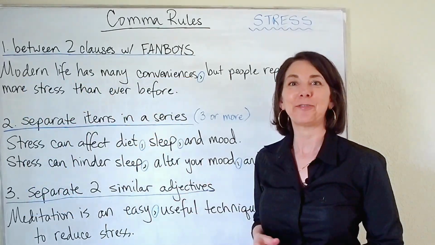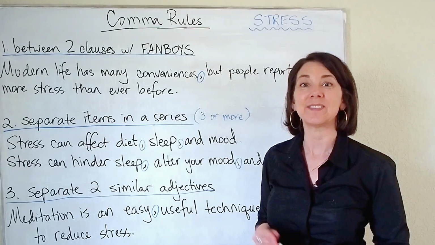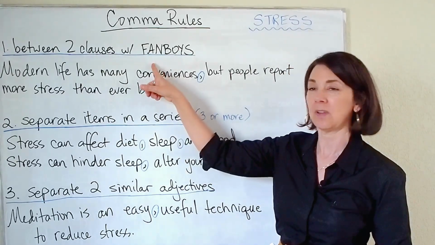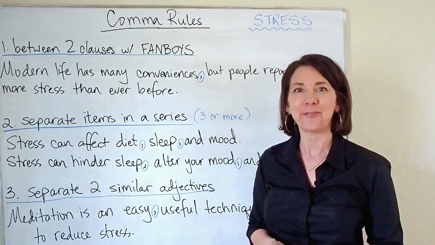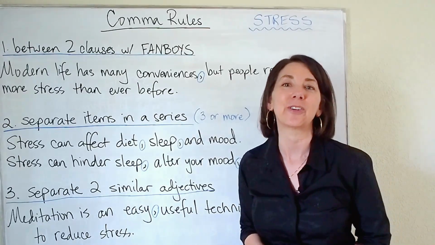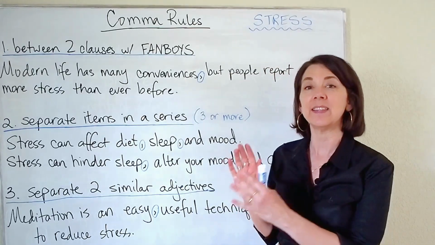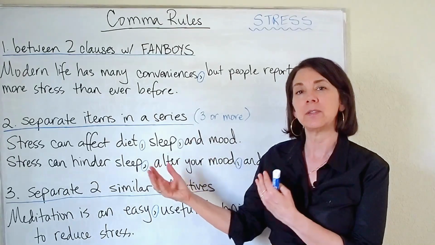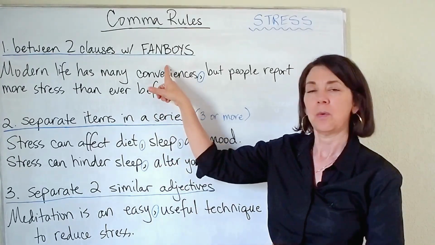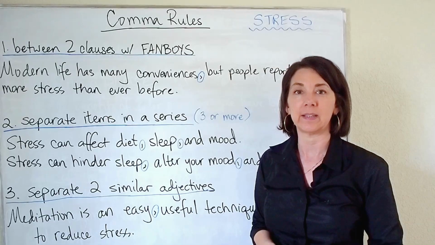So let's look at the first rule of commas, which is to use a comma between two clauses when you use fanboys. Okay, what are fanboys? Fanboys are coordinating conjunctions, and this is when we are making a compound sentence by joining two independent clauses with one of the coordinating conjunctions.